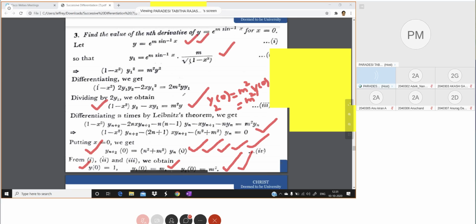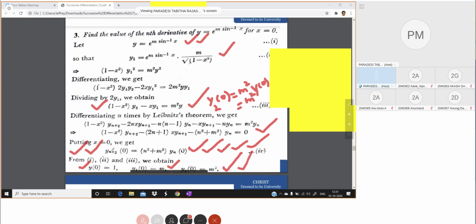We just found the second derivative and applied Leibniz to get the nth derivative. So we don't have a particular place where we can go and get the y3 of 0. So we are using this formula which we got, because this is a formula of nth derivative which should work for all possible n's. So y3 I should get it from there, y4 I should get it from there, or y100 I can get from there. So I'm going back to this formula and trying to find y3 of 0.